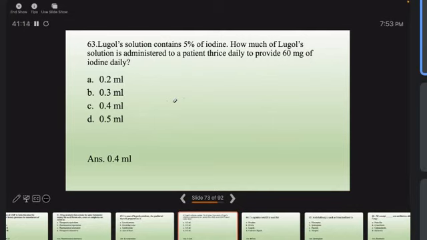So 5 into 100 equal to 3 into 60, that is 3 into 60 by 100 into 5.